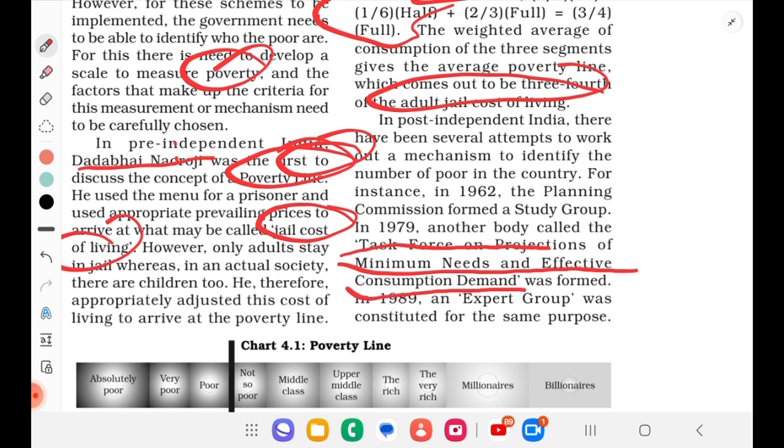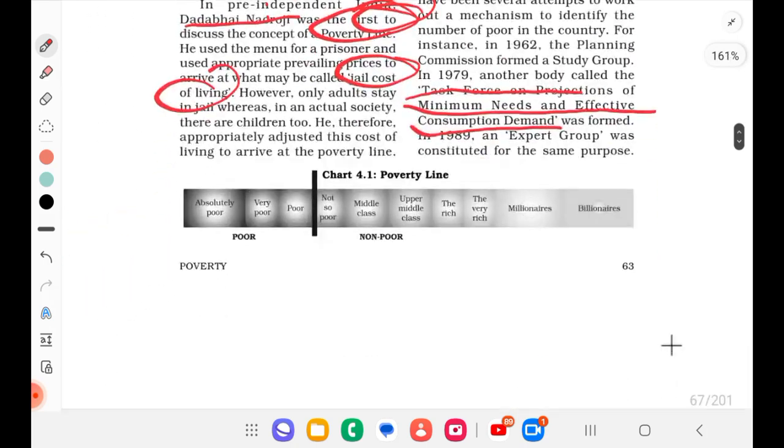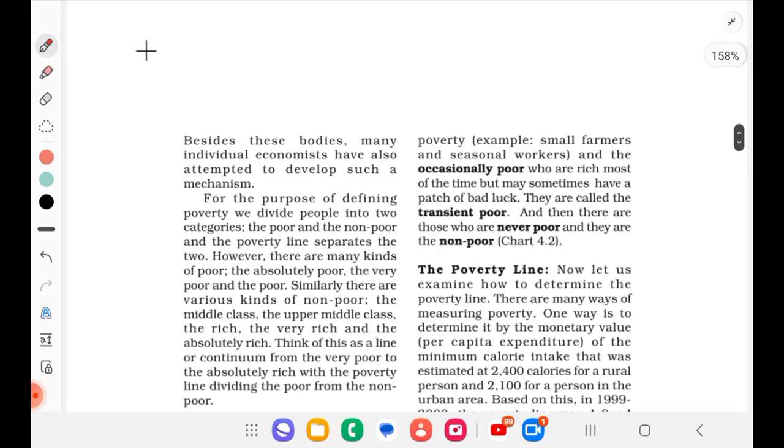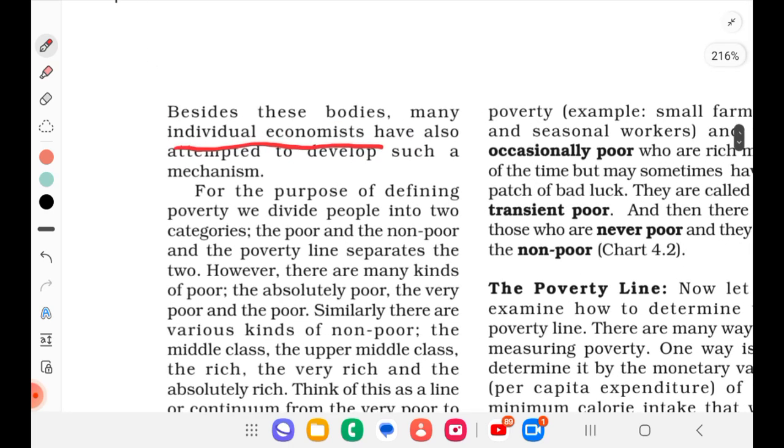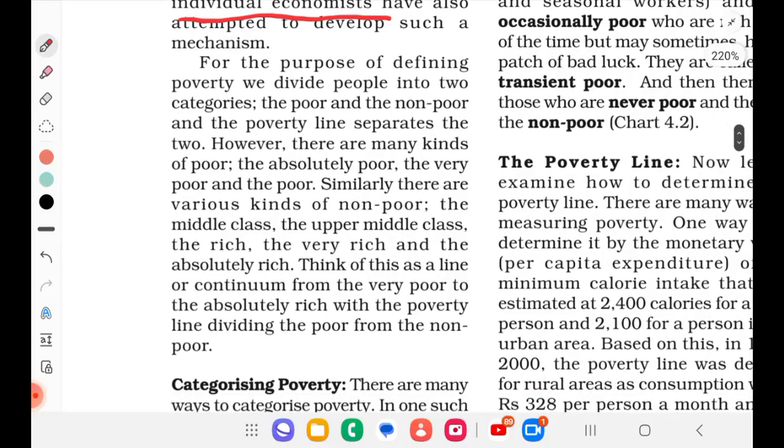In 1989, an expert group was constituted for the same purpose. Besides these bodies, many individual economists have also attempted to develop such a mechanism. For the purpose of defining poverty, we divide people into two categories, the poor and non-poor. And the poverty line separates the two.